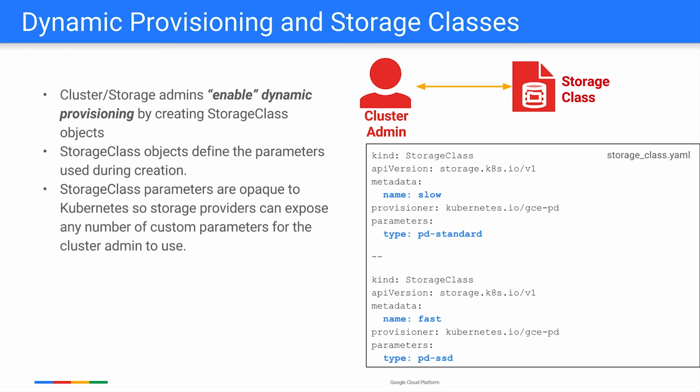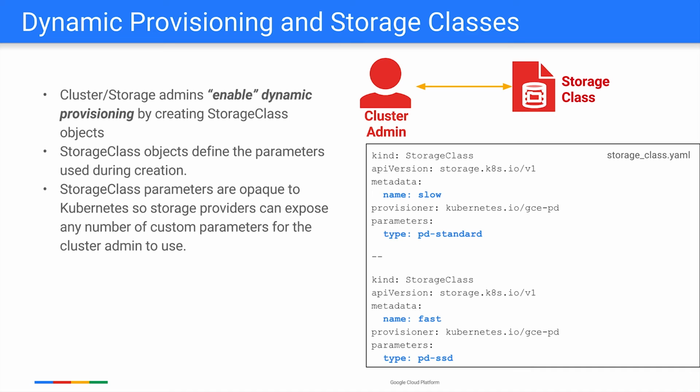What's really neat about that is that since the parameter list is a blob that is passed through to the provisioner, Kubernetes doesn't have to get into the business of enumerating every possible parameter for every storage system in its API. Plugins expose an arbitrary set of knobs for disk provisioning, and cluster admins can tweak them at will.